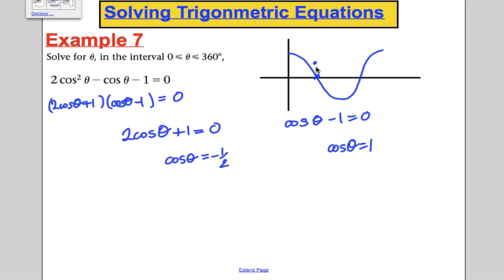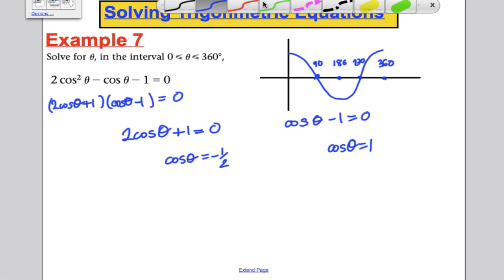Okay, 90, 180, 270 and 360. So we want where cos theta is minus a half. Well, cos theta equal to minus a half is going to be here somewhere.